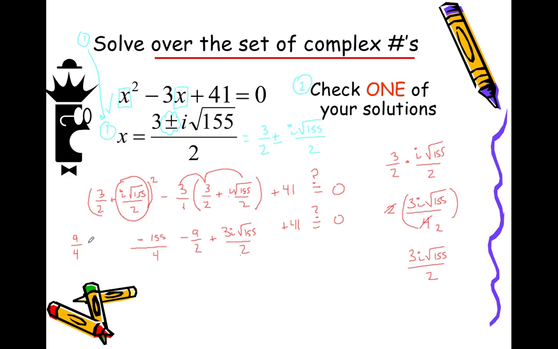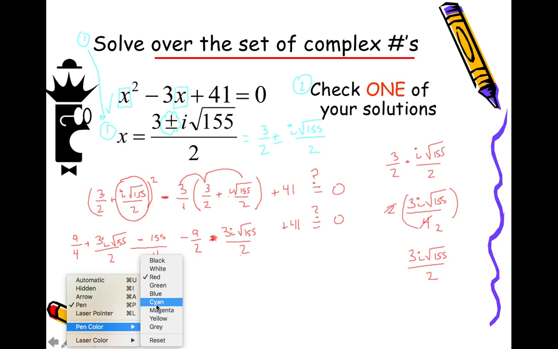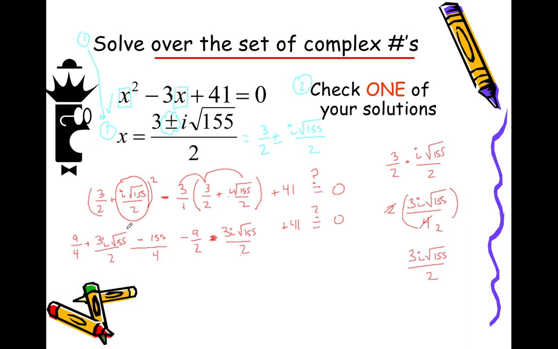And it was positive. Oh, I thought I made a mistake there. I did make a mistake. This is a negative 3 times this i root 155 over 2, so this has to be negative. Do you see what happens already? Bye-bye, i's! Positive 3i root 155 and a negative 3i root 155, both of them over 2, go away.